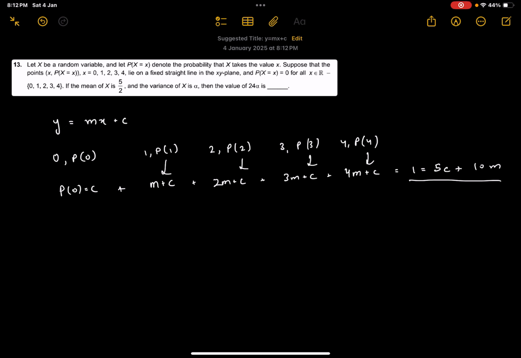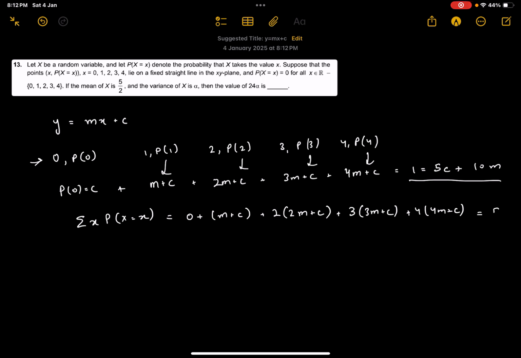The second thing we have is the mean of X is 5 by 2. So the mean is sigma x times P(X = x), summed over all the possible values, these 5 elements, because all the others have 0 probability. So this becomes 0 into p0, which is 0, plus 1 into (m plus c), plus 2 into (2m plus c), plus 3 into (3m plus c), plus 4 into (4m plus c).